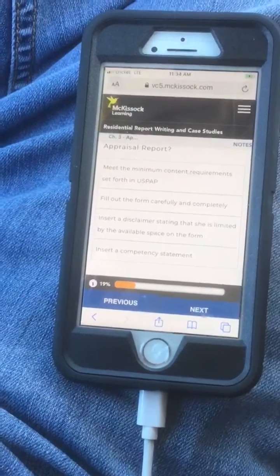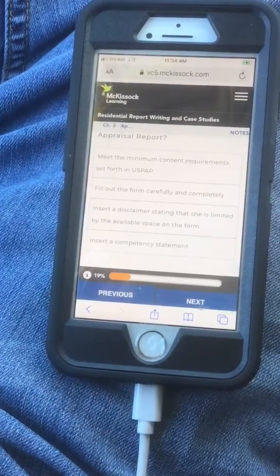I'm going to go A, meet the minimum content requirements set forth in USPAP.